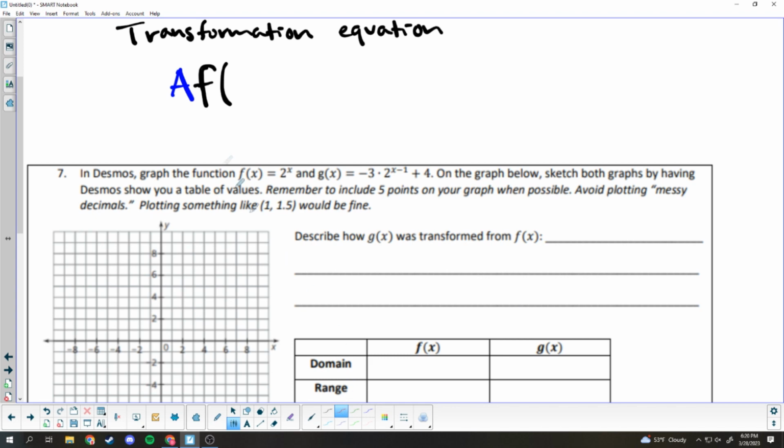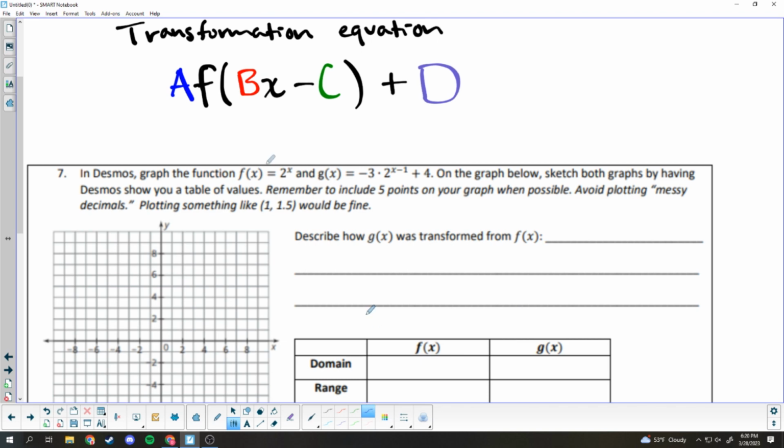F of bx, and then we can throw in a minus c. So that's inside the function if you add or subtract something, and then plus d. Okay, so we have a times f of bx minus c, in parentheses, plus d.